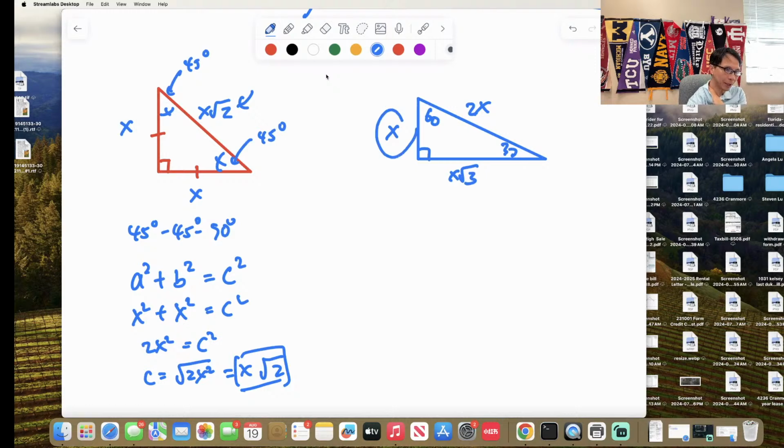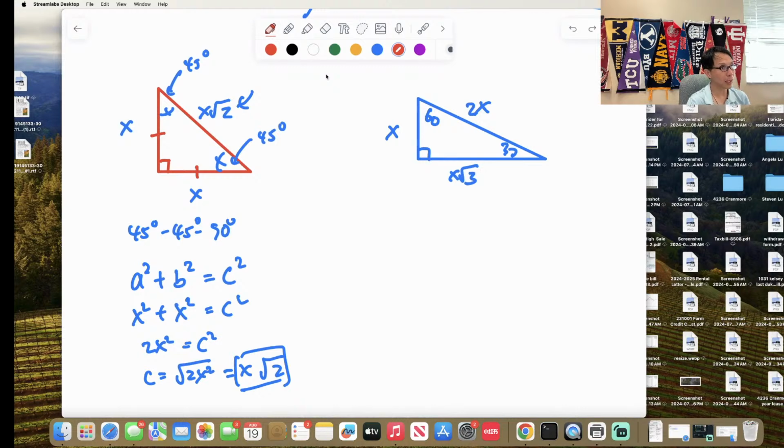Now from here, the ratio of x, x root 3, and 2x has something to do with law of sines. Last year, your teacher probably did not cover too much of law of sines, right? In my class, I think I covered it, but it was really fast paced. I didn't really test it, but law of sines is kind of important, and that's why you got x root 3 and 2x.